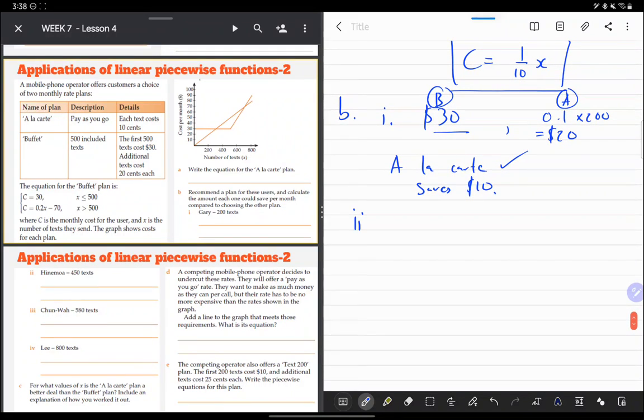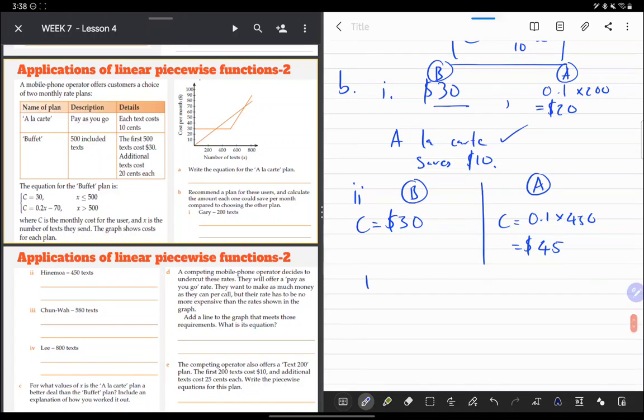Next one, Hidemore, 450 texts. Okay, let's figure out the buffet one first. At 450, we're still working with the first equation, so the cost is just that. As opposed to a la carte, C equals 0.1 times 450, which is $45.